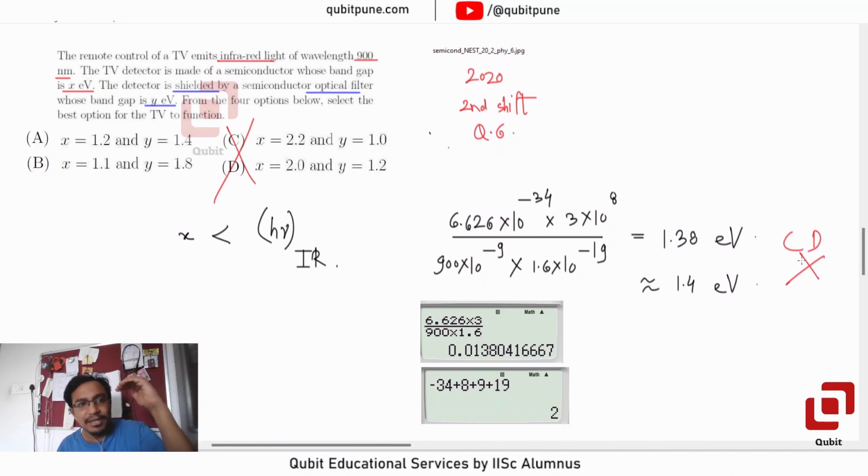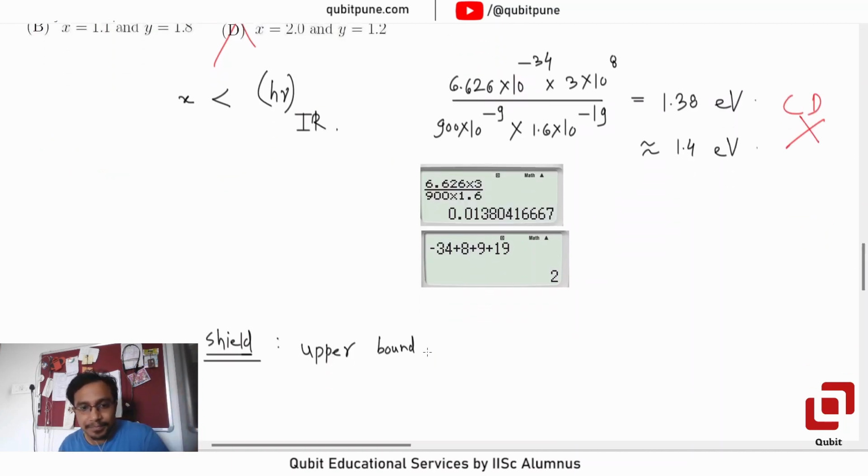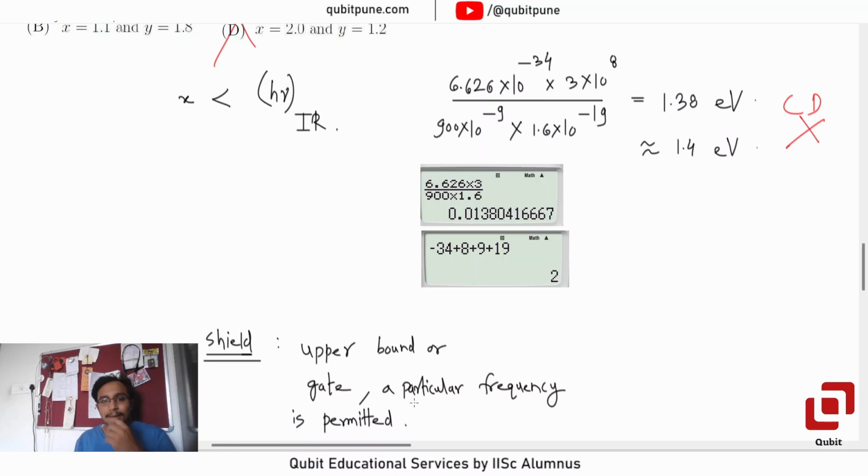Or we can also say that this is precisely the same frequency, or let's say a gate. A particular frequency is only permitted.